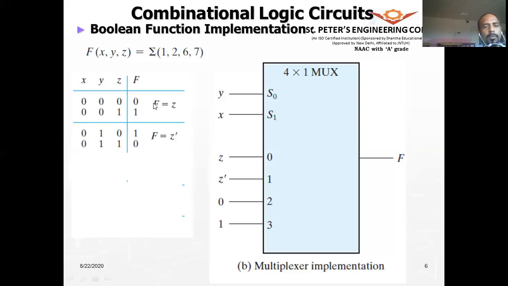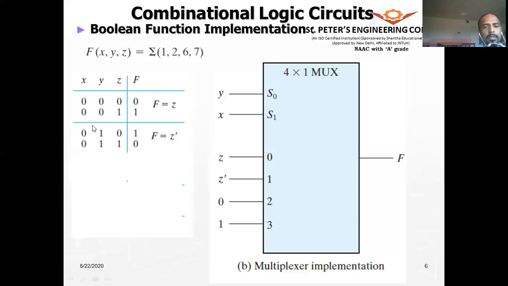So for the first two minterms, we have made the function output available by simply treating them with z and z complement. All right. So we have now chosen the input lines I0 and I1 when x and y are in the 0, 0 and 0, 1 combination.